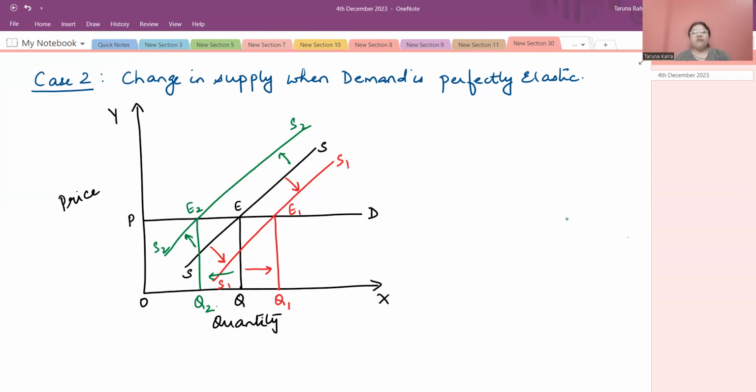So this is the effect of your change in supply, that is, increase or decrease in supply, when demand is perfectly elastic. I hope whatever we have discussed today is clear to everyone.